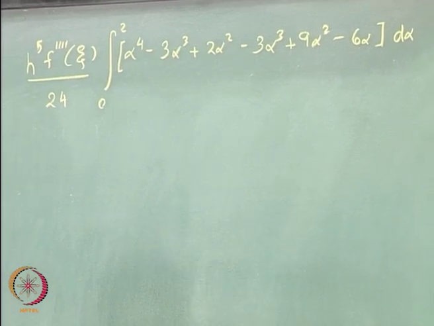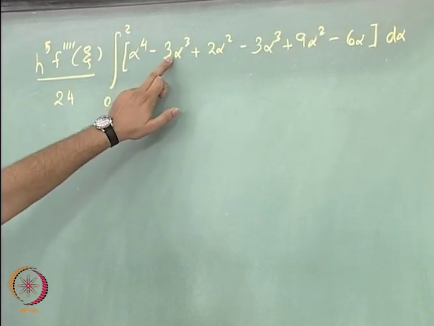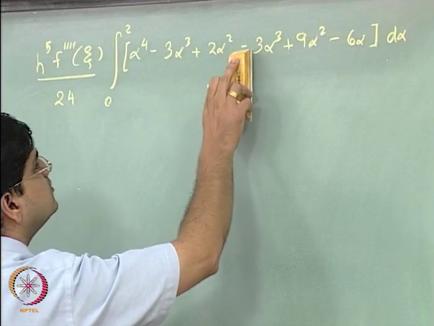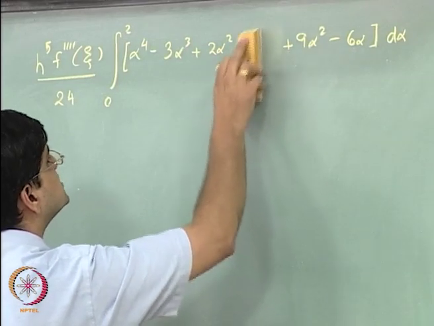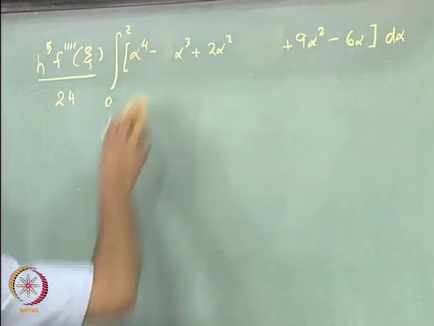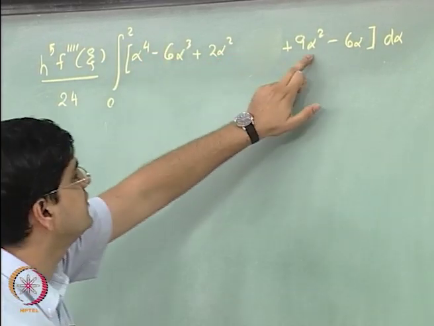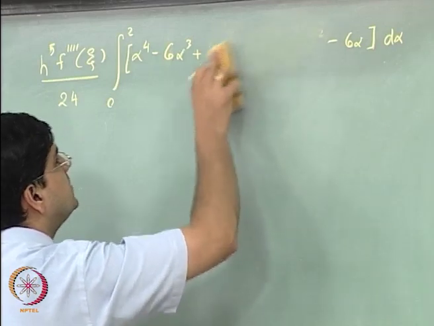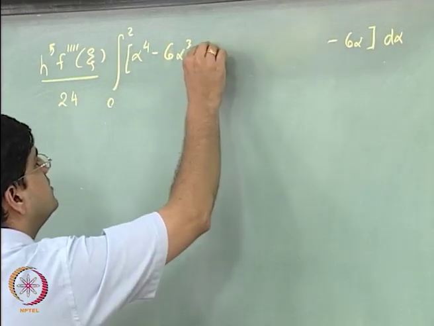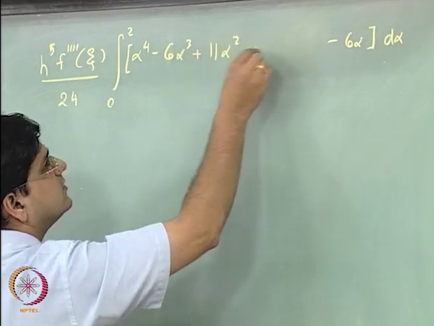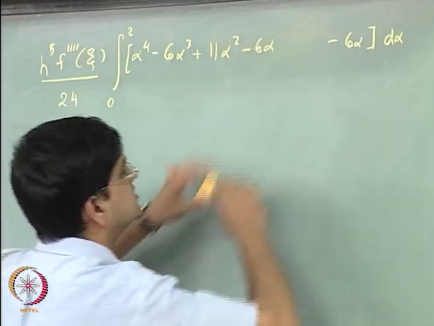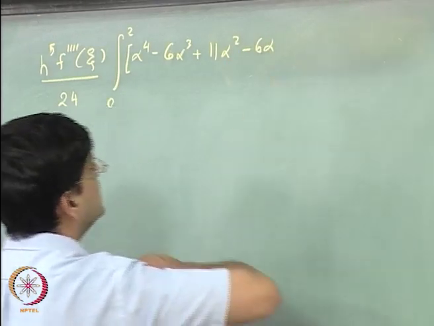Okay. So minus 3 alpha cubed minus 3 alpha cubed is going to be minus 6 alpha cubed, so I will write that down over here, and plus 2 alpha squared plus 9 alpha squared is going to be plus 11 alpha squared, okay, minus 6 alpha d alpha.